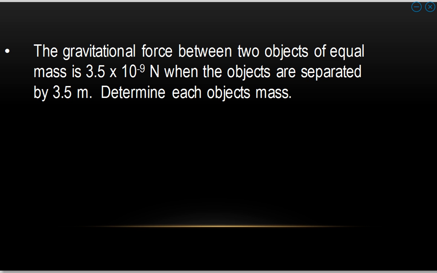Okay, let's take a look at the next one. Gravitational force between two objects. The gravitational force between two objects of equal mass is given when the objects are separated by this distance. Determine each object's mass. Because each mass is the same, when you go to solve for the mass, you're going to put them together because it's the same thing.